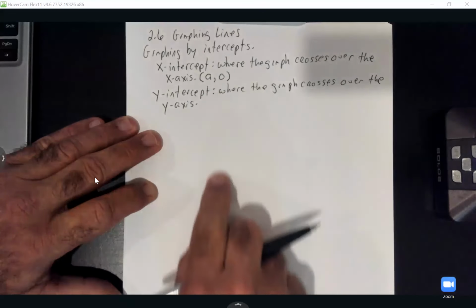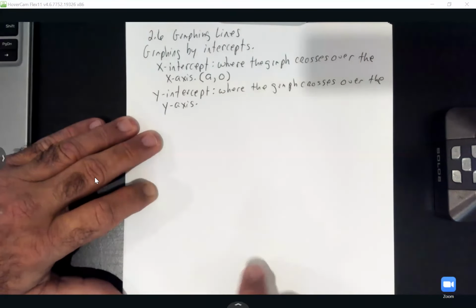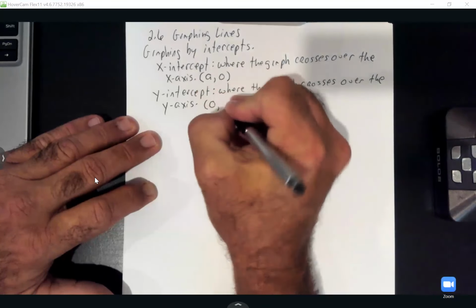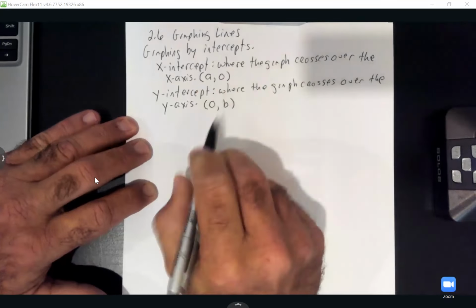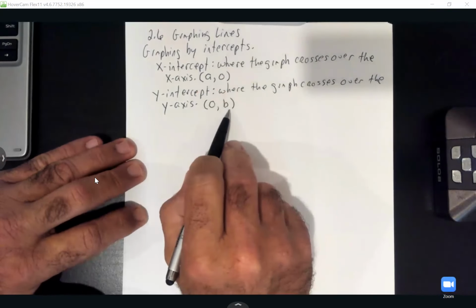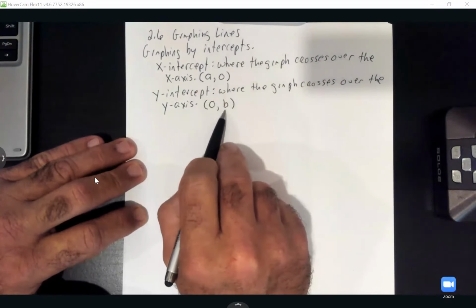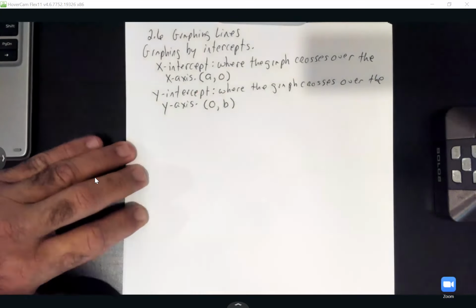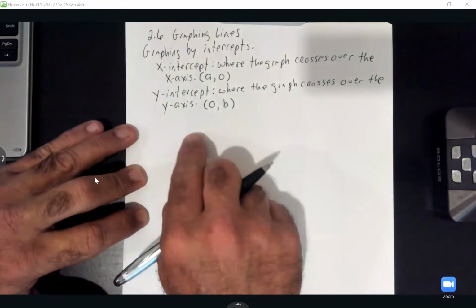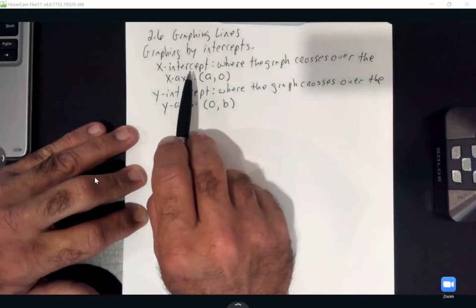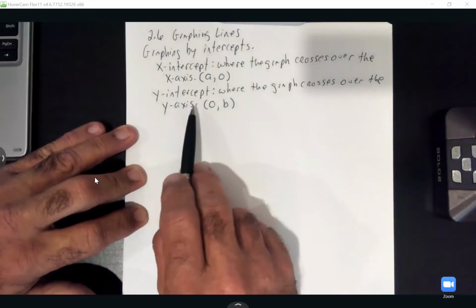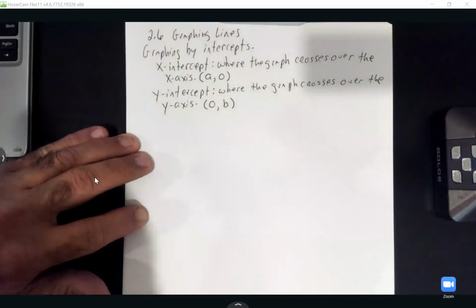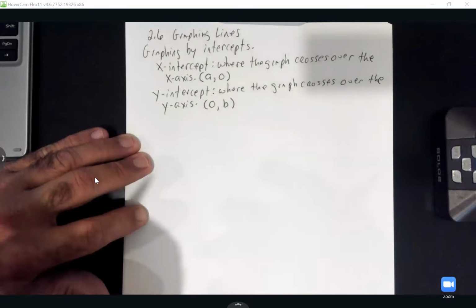So any point on that y-axis, my vertical line, any point on that has an x value of 0, and then the number for the y-intercept, okay? So it's also shown as an ordered pair, okay? So notice, if you can find the x-intercept and the y-intercept, that gives you 2 points. You can graph them 2 points and draw your line.